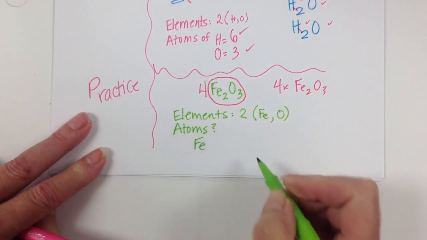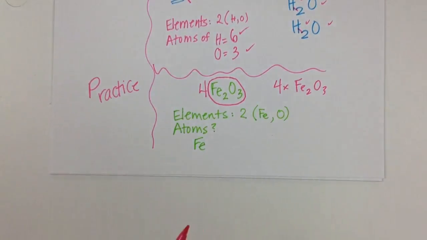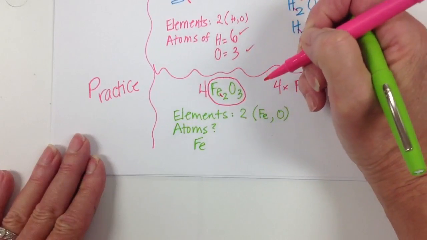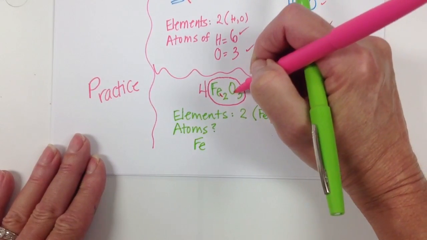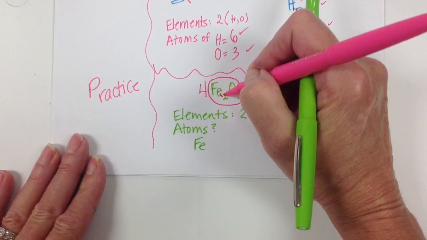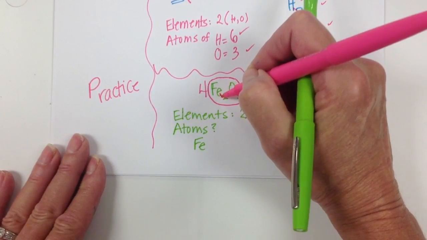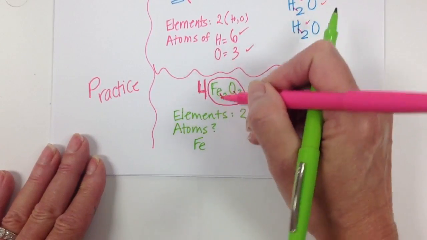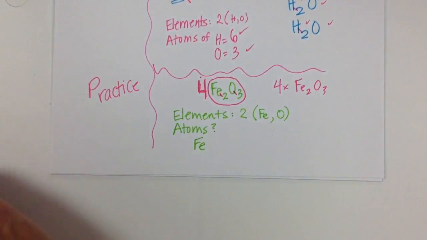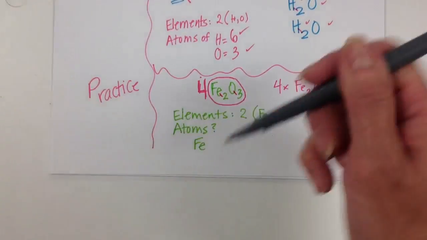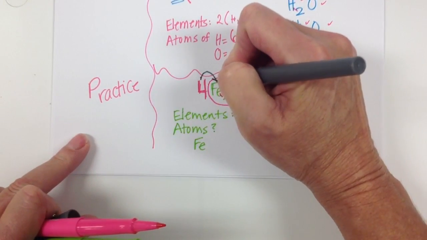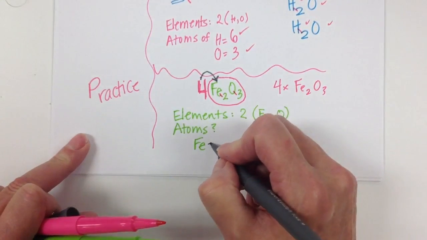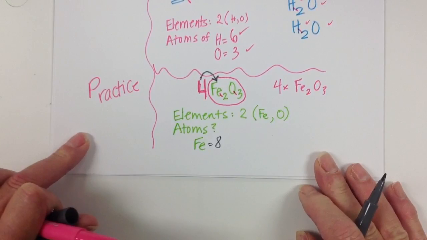Well, if you look at Fe, iron had 2 atoms in the molecule, and we know oxygen has 3. So we have 2 atoms of iron, but our coefficient says we've got 4 of this whole thing. So once again, we're going to multiply out. 4 times 2, so for iron, we're going to have 8 atoms.